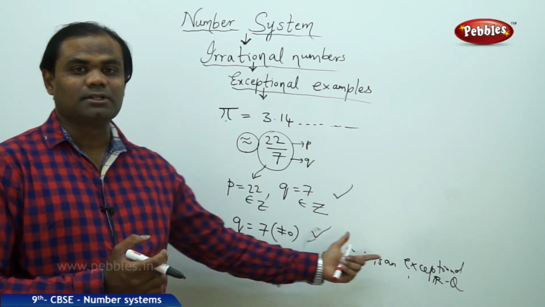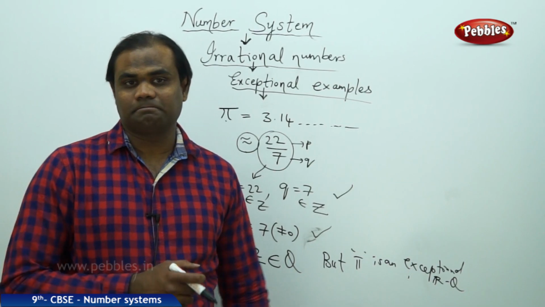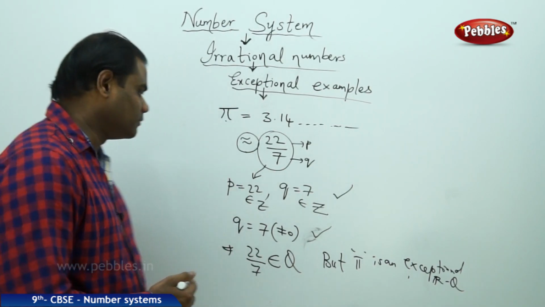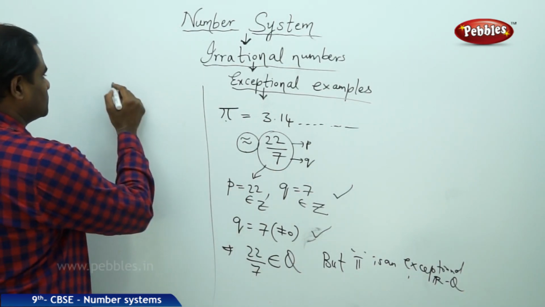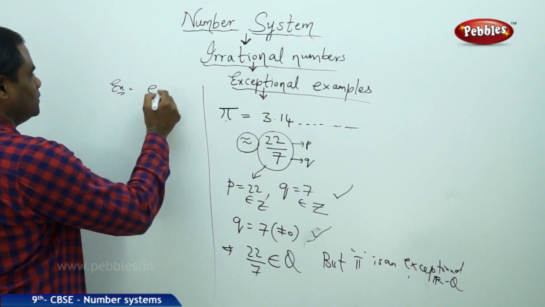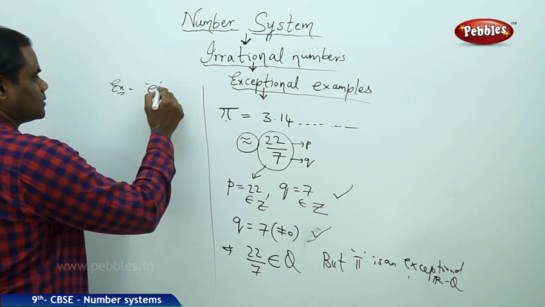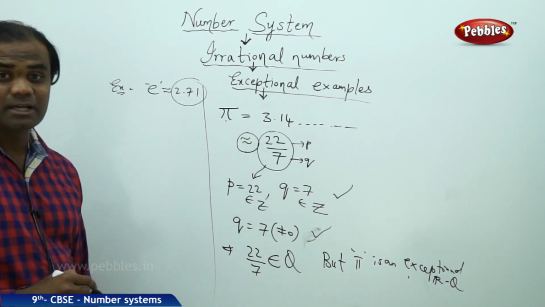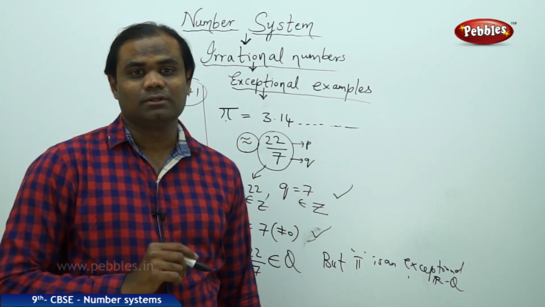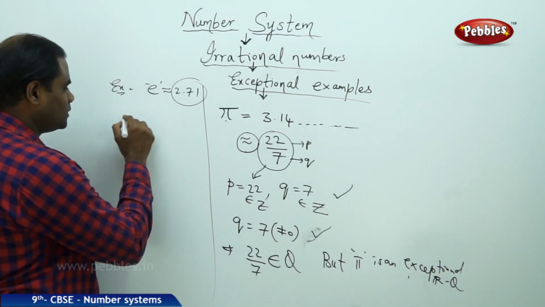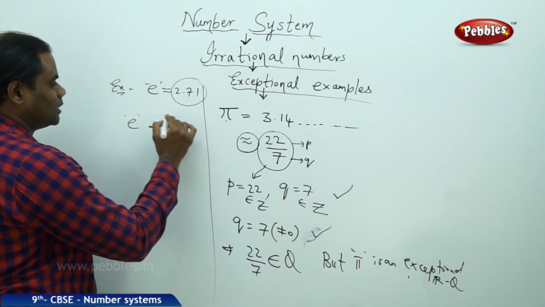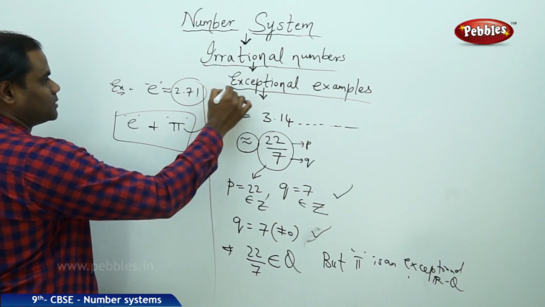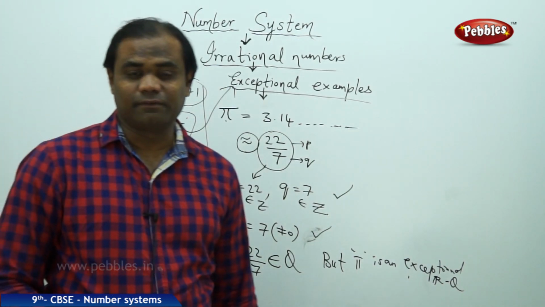So it's an exceptional irrational number, pi. There's one more example which we can take, which is E. E is approximately 2.71, which is also an exceptional irrational number. So in the branch of mathematics, E and pi are exceptional irrational numbers, is how we identify them.